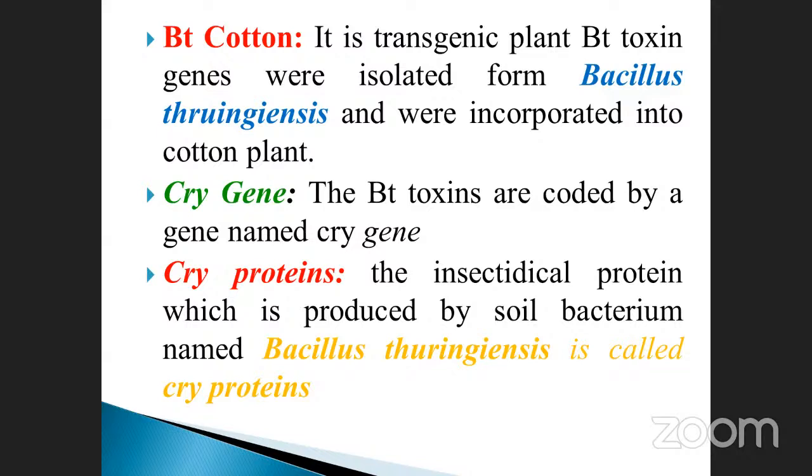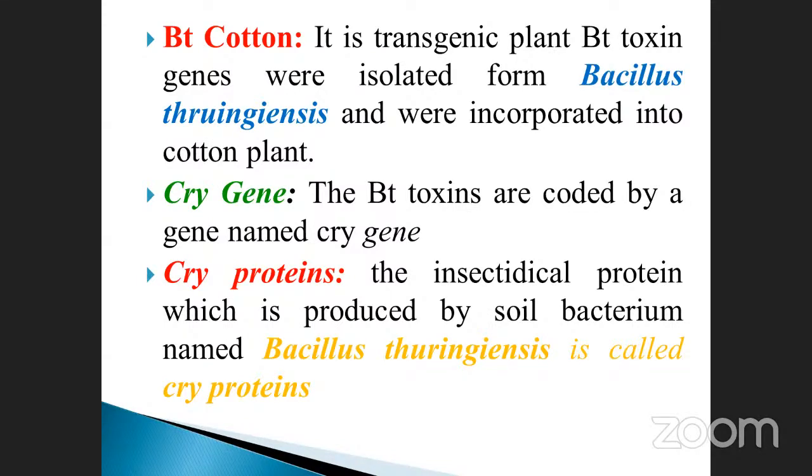Okay, my dear. Go to the next one, CRY genes. The BT toxins are coded by a gene called the CRY gene. Don't forget. BT cotton, Bacillus thuringiensis. The Bacillus thuringiensis is a prokaryote, otherwise called bacteria.